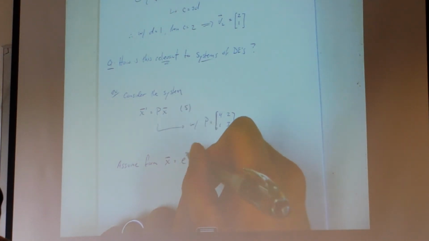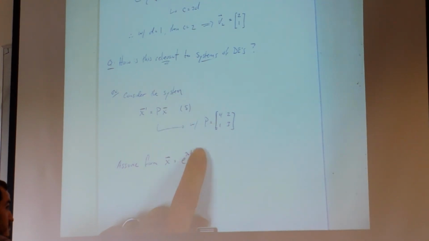So e to the lambda t would just be a single real value. This is a vector, so I have e to the lambda t times every entry in that vector.